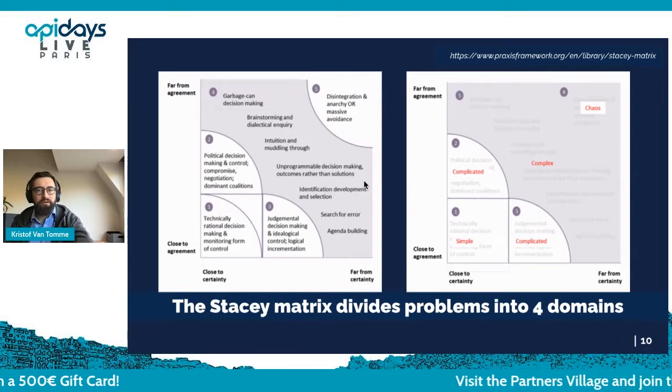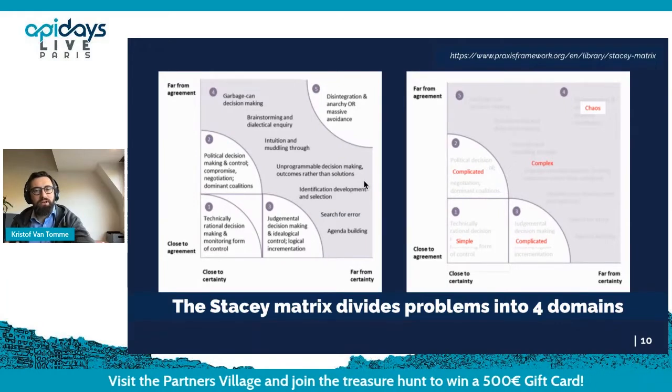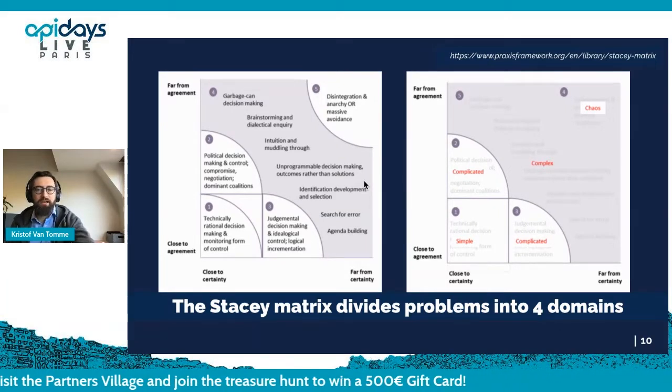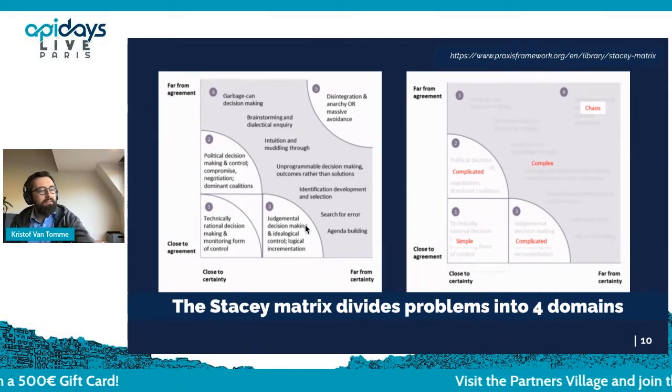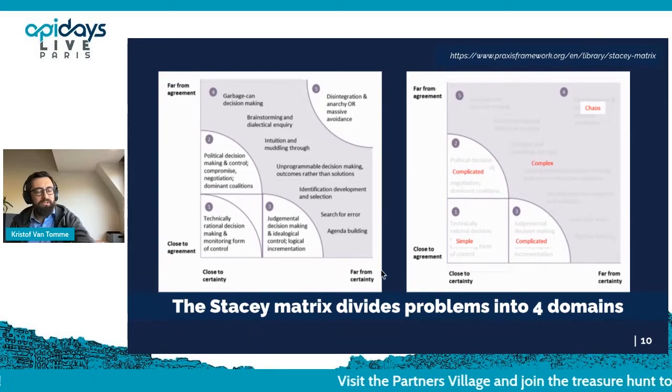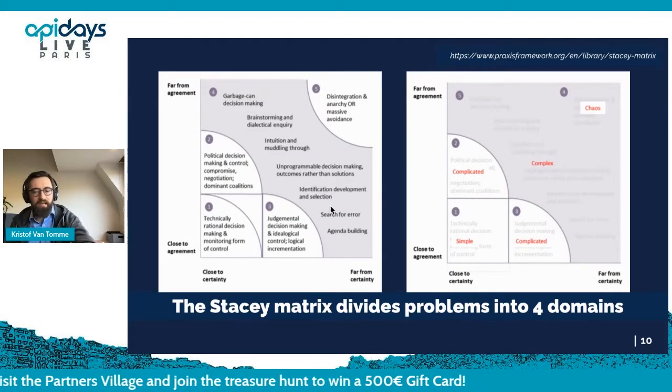New and novel things are popping up, and the interplay between the different agents is creating new interesting solutions in this space. Not all the agents are agreeing, and things are not fully certain, but there's an interplay between these things that creates this behavior.